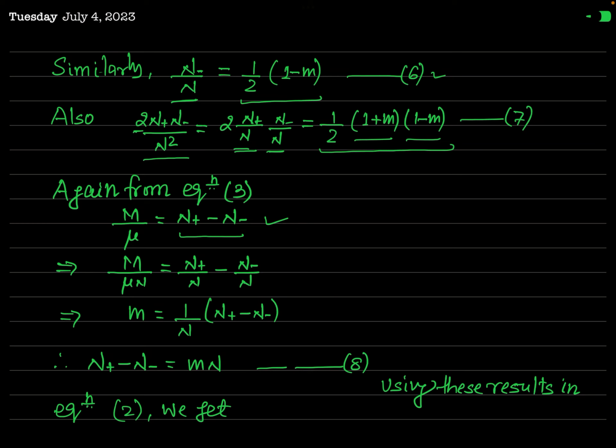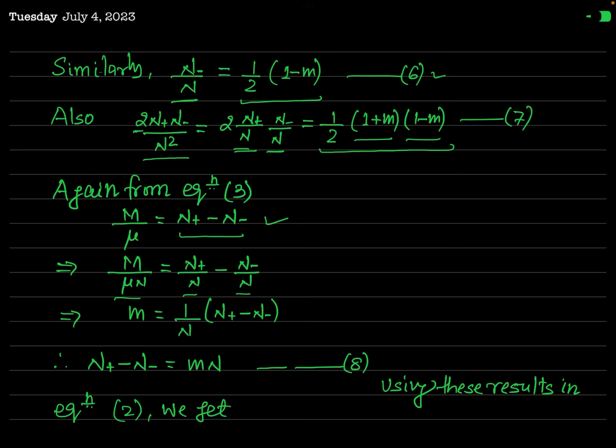And if we divide both sides of this equation by n, our result will be m over mu n equal to n plus by n minus n minus by n.